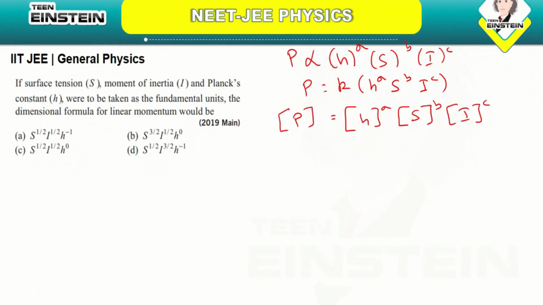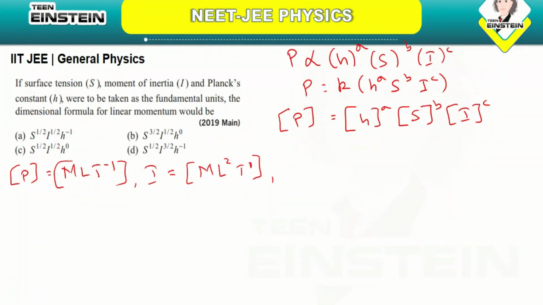Okay. So, the respective dimensions of the given physical quantities are: first we write down the dimensions for P. So P is momentum, so mass into velocity. So the dimensions for P will be M L T power minus 1. Inertia I is given by mass into the distance square, so it will be M L square T power 0.